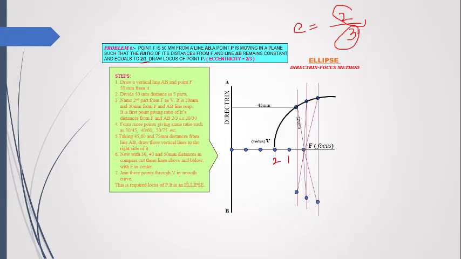These lines are touching the parallel lines at some positions. Connect these points by a pencil or a pen. You will have a shape like this. This is known as an ellipse. So this is the construction method for an ellipse.